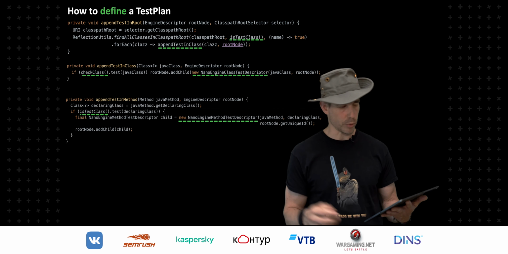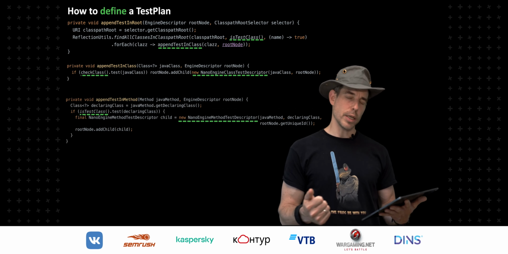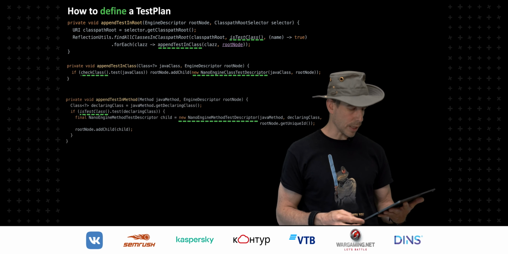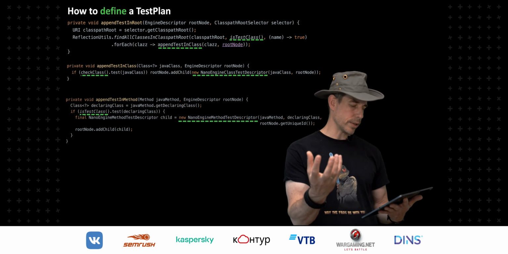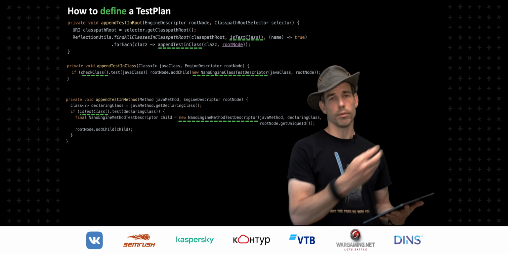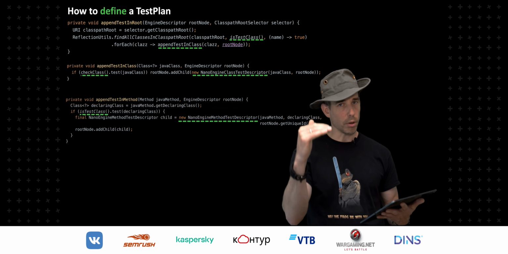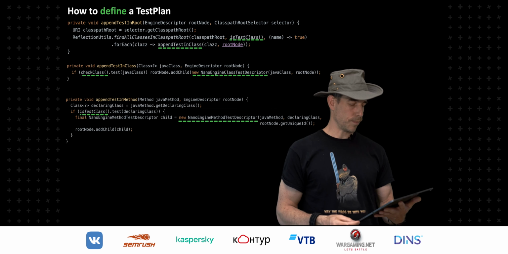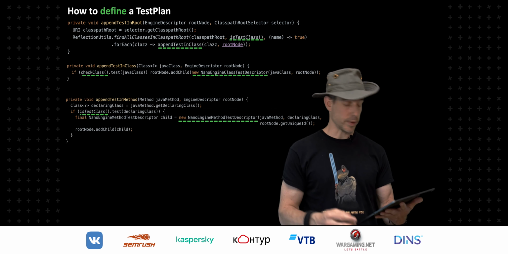But in the end you need the class itself, because you need it later for invocation. Then you wrap all this in some kind of descriptor, which is just an extension of the basic descriptors. You can add all the attributes you want to hold, and this is then added to the test plan.